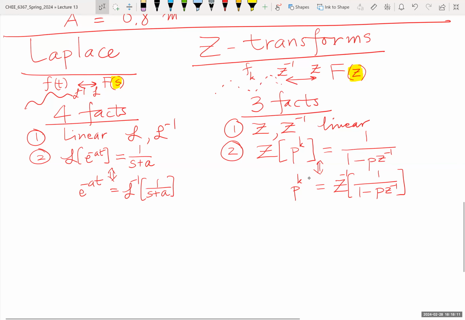You see here that this is P to the K. Well, if P is real, nothing to worry about. Z inverse of this is just that, just an exponential where the exponent is discrete.